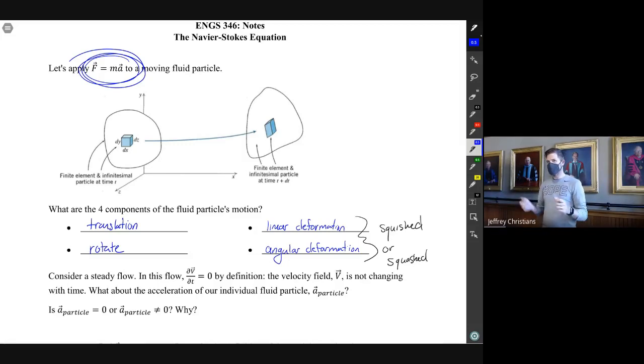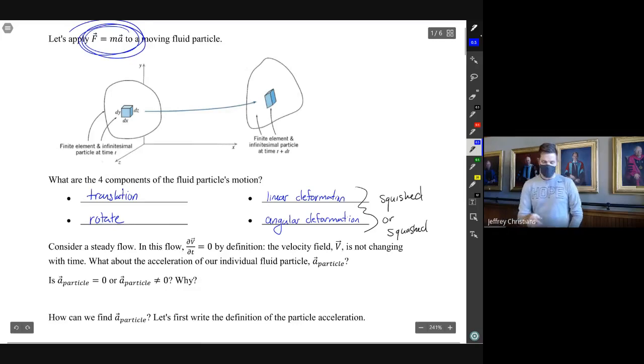This is why fluids get more complicated than solids, and why we don't have the same big nasty set of equations for solids that we have for fluids. We're not going to talk too much about those deformations, so it's fine if you think of it as: we can translate, we can rotate, we can be squished and squashed.